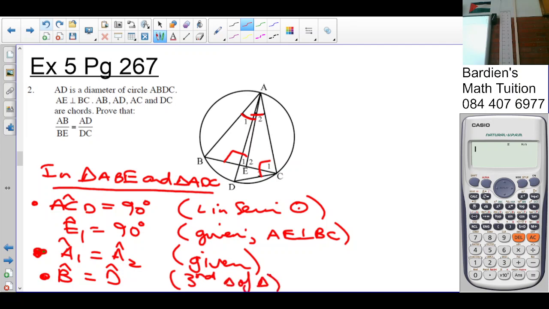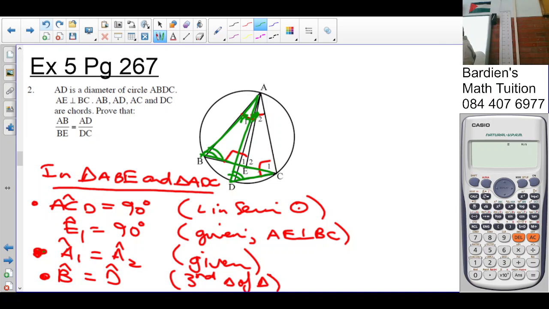Okay. Otherwise, I could have gone with the butterfly or bow tie story, isn't it? So that would have also been equal. Angles in the same segment. If I was this examiner, I wouldn't even have given that. Let the learner go with that rather. And let the student rather conclude that A1 is equal to A2 because of the third angle of the triangle.